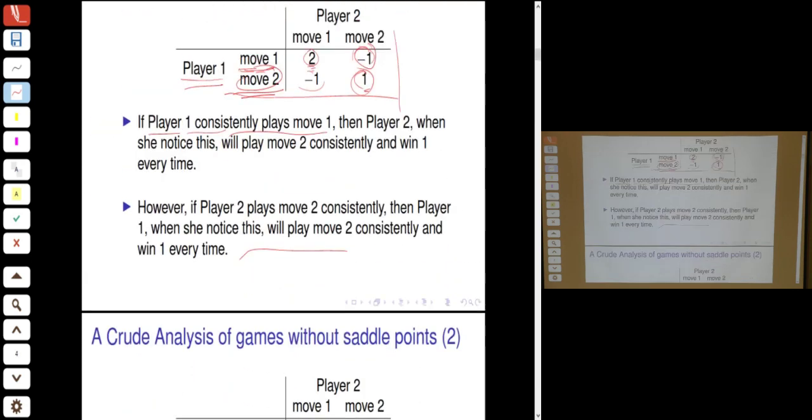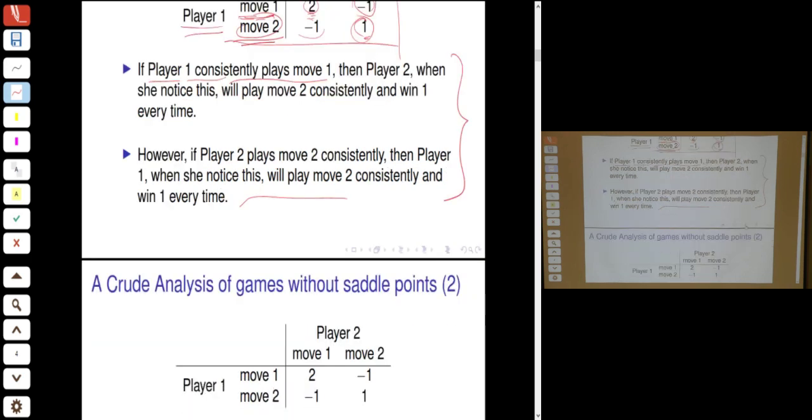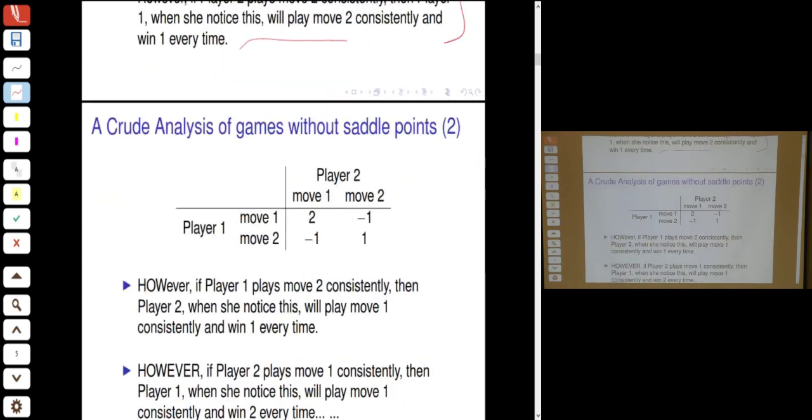So far we have discussed player 1 consistently playing move 1 and then player 2 changing, but then if player 2 changes to move 2, then player 1 can notice that and he can change to move 2 also, right? However, now if player 1 keeps on playing move 2 continuously, so player 2 was at move 2, player 1 noticed that and switched himself to move 2.